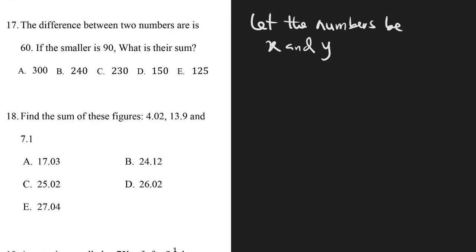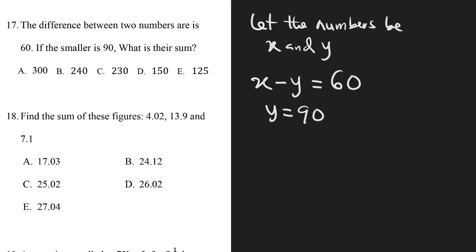When you subtract the two numbers from each other, the answer is 60. So we say x minus y is equal to 60. But the question says the smaller is 90, so let's make y the smaller one because it's the one subtracting from x. So we're going to say y is equal to 90.